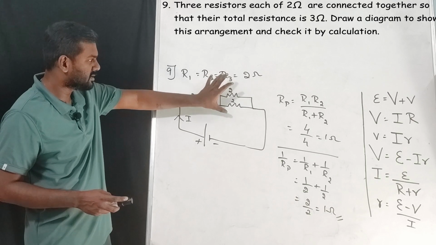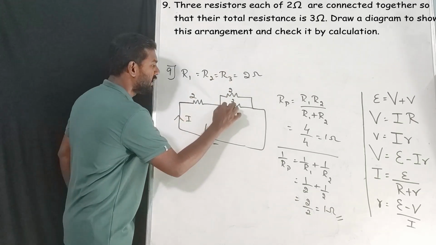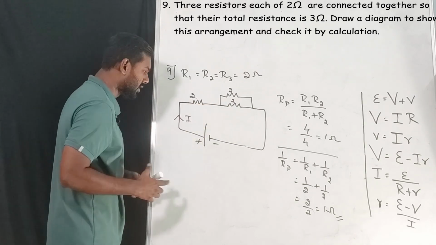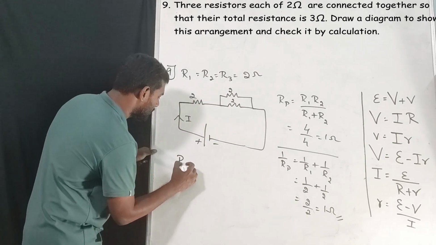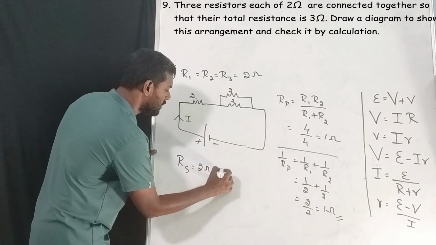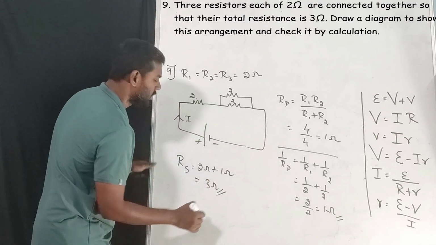Once we solved it, these 2 resistances become only 1 resistance, somewhere here, and that will be in series with this one, correct? So RS will be equal to 2 ohm plus this 1 ohm. So the final answer will be 3 ohm.